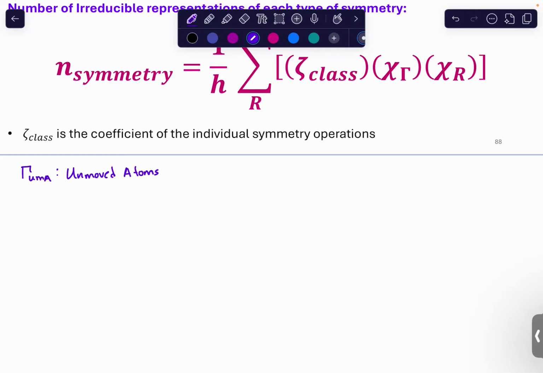So gamma UMA will be the number of unmoved atoms for each symmetry operation. And then the coordinate contribution from each symmetry operation. That one is easier than it seems.